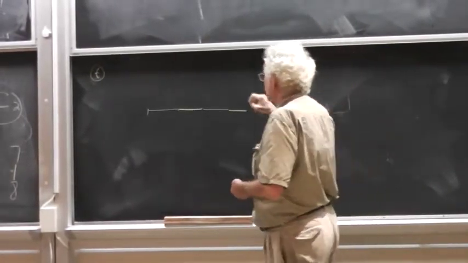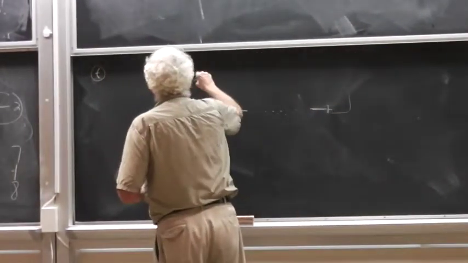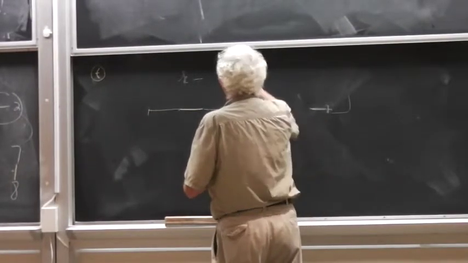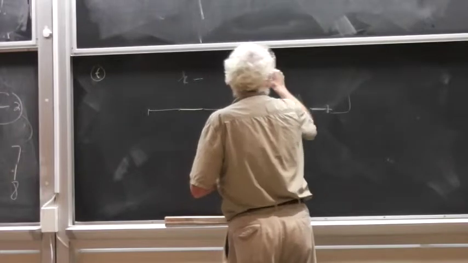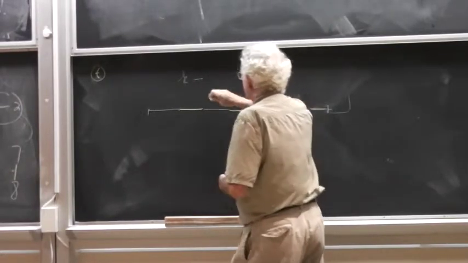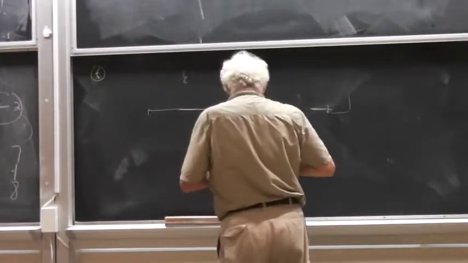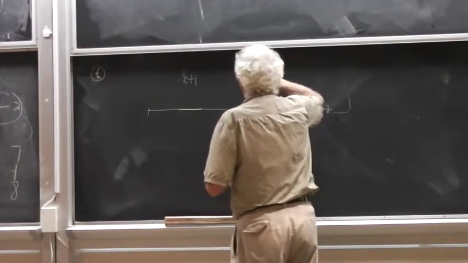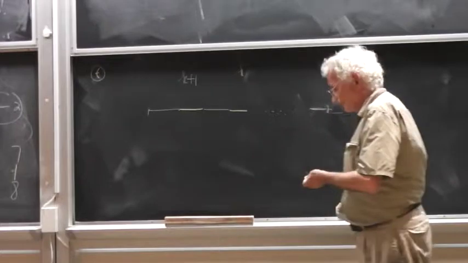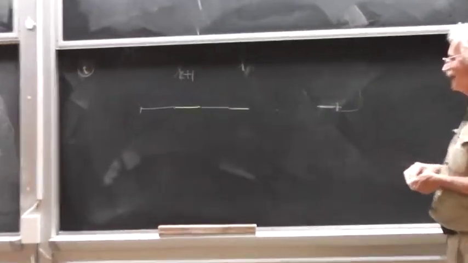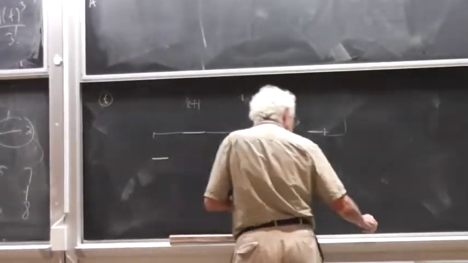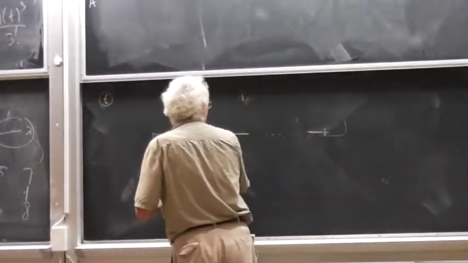So you have K whites and K plus 1 yellows, right? No, K plus 1 whites. You have one more white, so K plus 1 whites and K yellows. Then you have the other possibility: yellow, white, yellow, white, yellow, white, and so on.